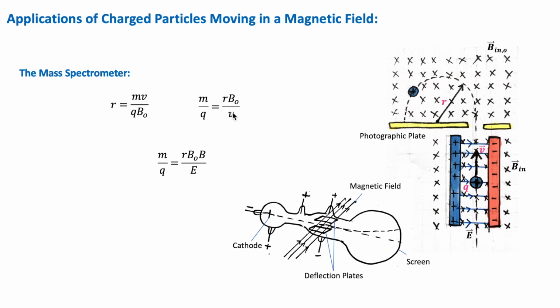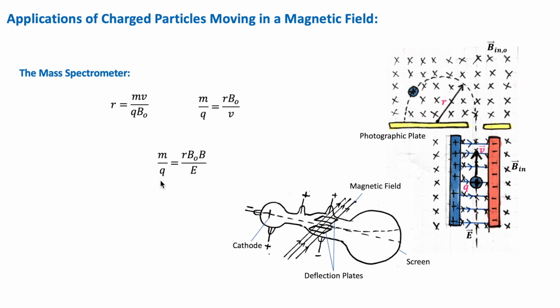And if we substitute for v as E over B, since only ions with this velocity will be able to pass through and get to the second region, we get this expression for the mass to charge ratio. So if we know B naught, B and E, we can find the ratio m over q.